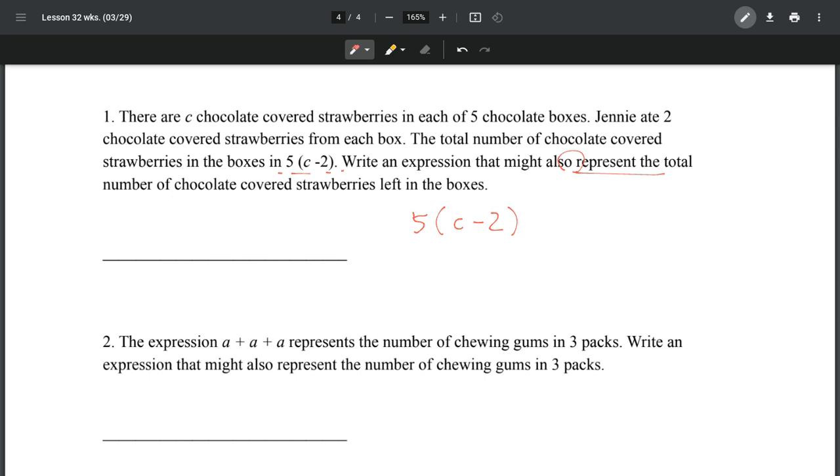They're basically asking for the equivalent expression. Okay, so all we gotta really do is just distribute, right? So that's gonna be 5C minus 10. Okay, so that's our answer.